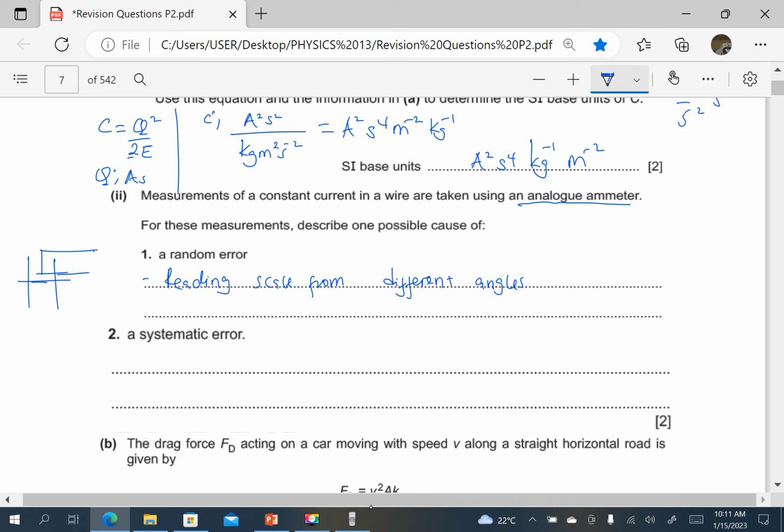So when you are taking the reading in between 2 divisions, you do what we call interpolation. So sometimes you may wrongly interpolate between scale readings or divisions. So wrongly interpolating between scale divisions or scale readings.